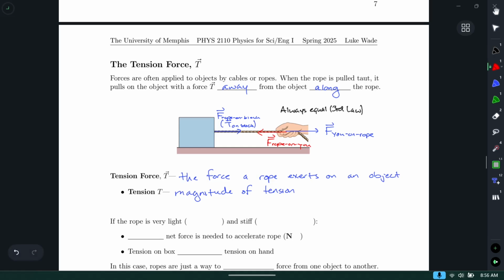Same with the block. When the rope pulls on it, it pulls back on the rope. And so those two are always equal, again by third law.